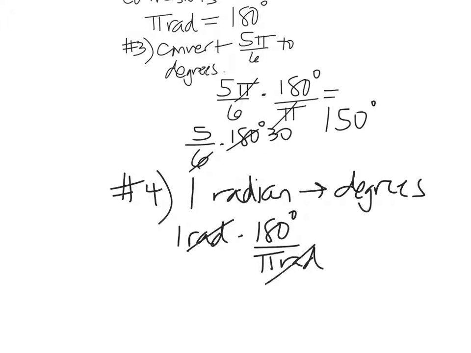The radians will reduce. 180 divided by pi. You didn't put radians on that one. You could have. Radians would have canceled it out. They just don't say radians a lot. You just know that it is. All right, so 180 divided by pi is about 57.3 degrees.